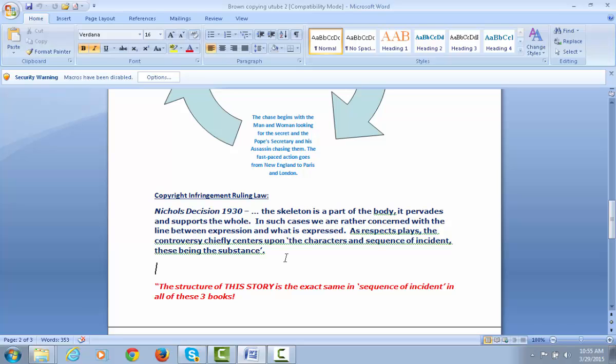So when you want to identify copying from one story to another, you look at the sequence of incident or the way that the characters come together to tell the story by interacting with each other. The structure of this story used in all of these three books is the exact same in sequence of incident.